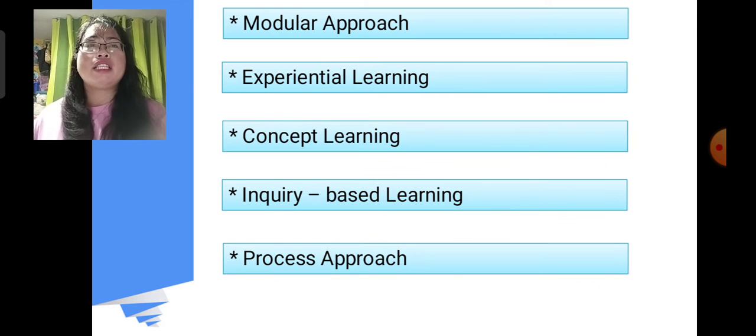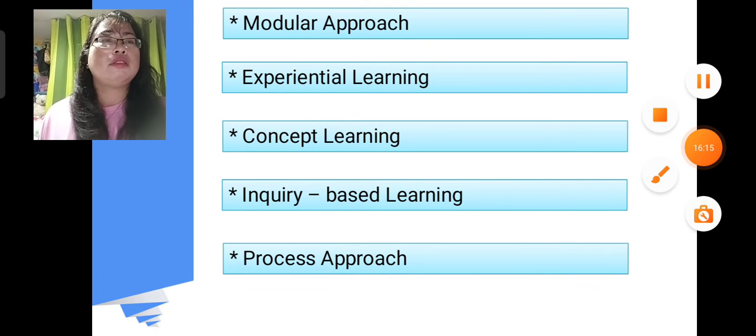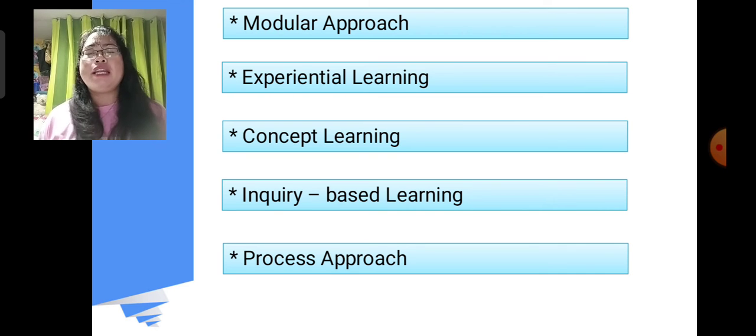The next one is the modular approach. The modular approach is an approach to designing equipment, systems, programs, and the like, in which independently prepared and self-contained units or modules are combined to form the final product.